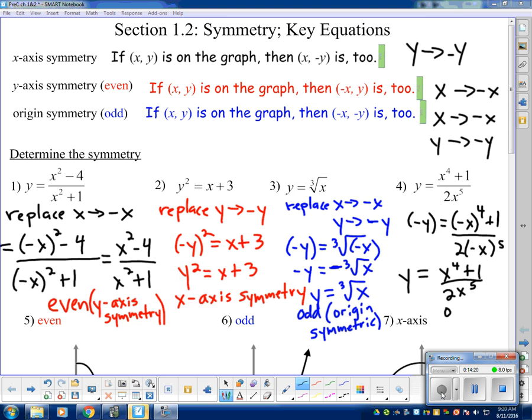So it is odd or origin symmetric. Any questions on that so far?